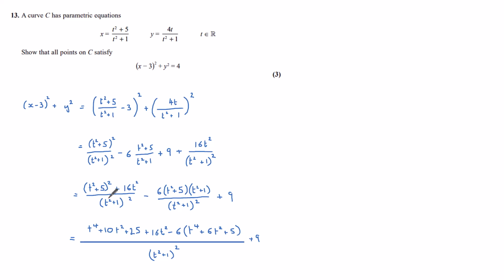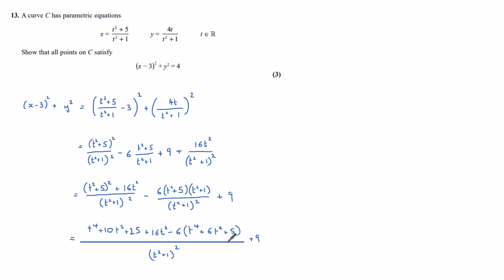So expanding this quadratic first of all gives us t to the power 4 plus 10t squared plus 25, plus our 16t squared, minus 6 lots of, let's just expand these brackets to start with, that's t to the power 4 plus 6t squared plus 5, all over my (t squared plus 1) all squared, and I've got my plus 9.